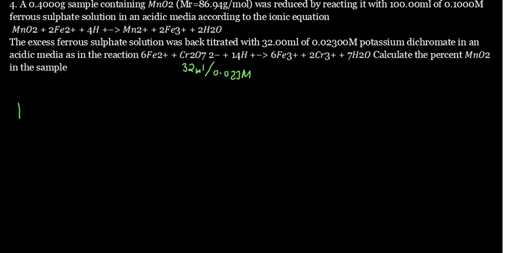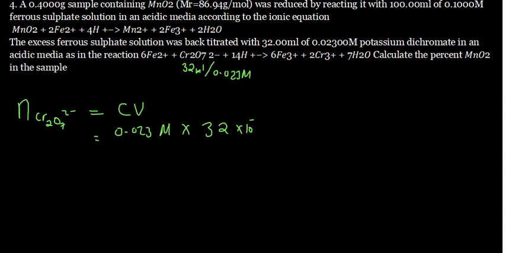And that would be the number of moles of the dichromate ion, which is going to be concentration times volume. And the concentration here is 0.023 molar, which is mole per liter, multiplied by the volume, which is 32 milliliters, but multiply that by 10 to the power negative 3 so that it will be converted to liters.